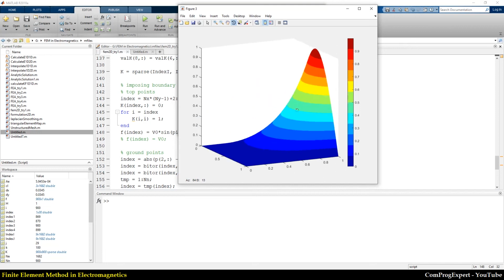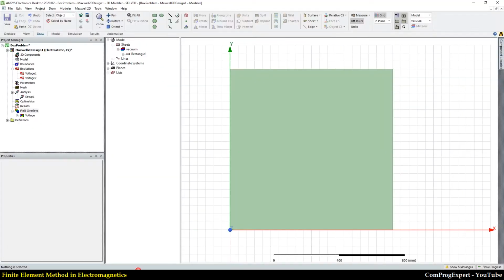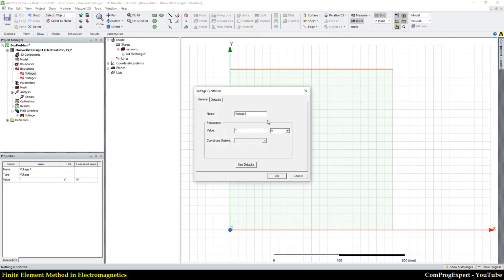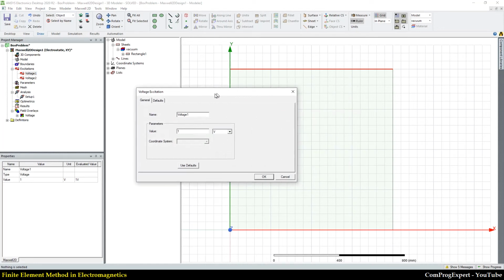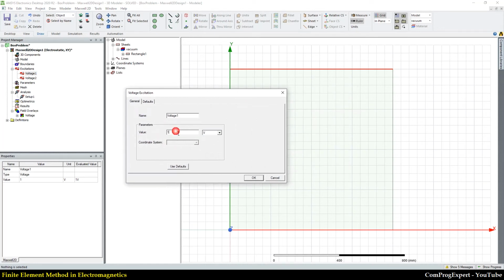On my boundary. So if I apply the same thing here, instead of 1 volt on top edge, I can write 1 volt times sine of pi times x divided by 1 meter in the global coordinate system.